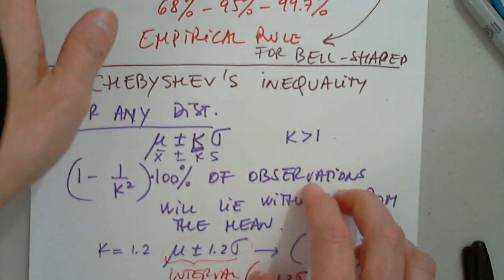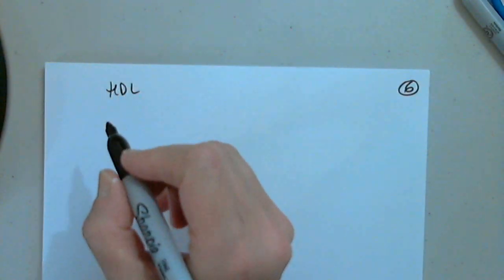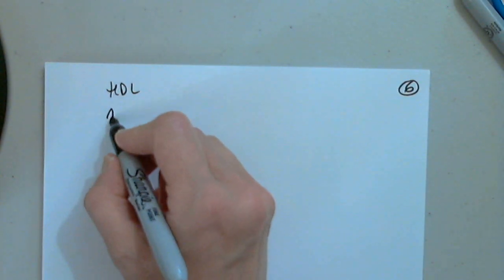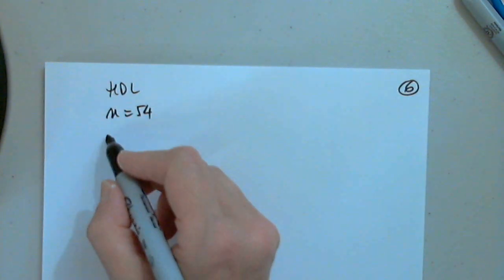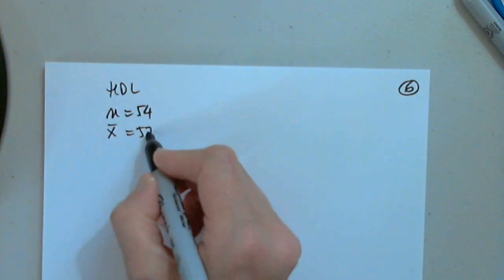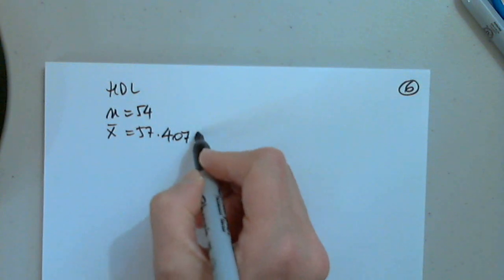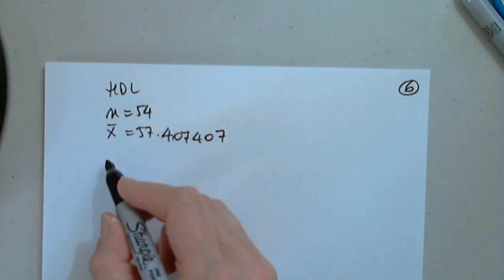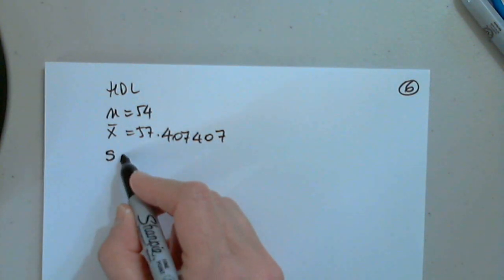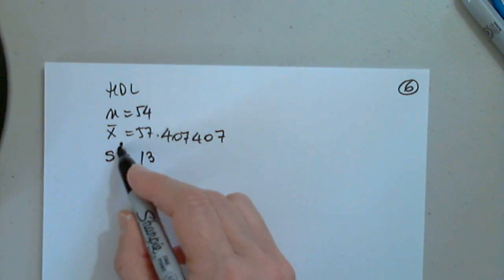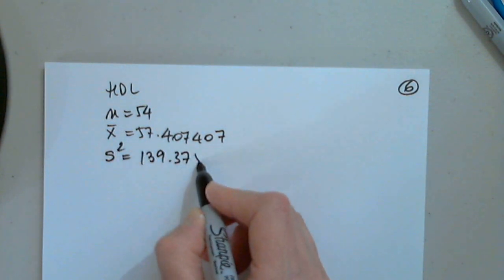Compute the population mean. So I'm on page 6. Here's for the HDL. I'm just copying down. I have n equals 54. I have x bar 57.407407. I have the variance, which is s squared, 139.37806.